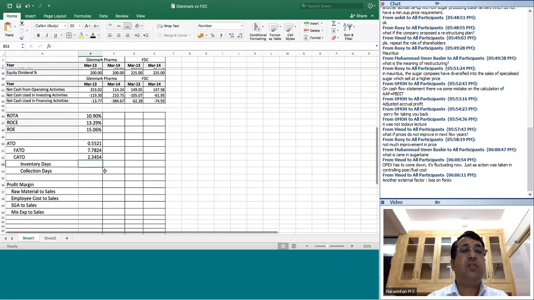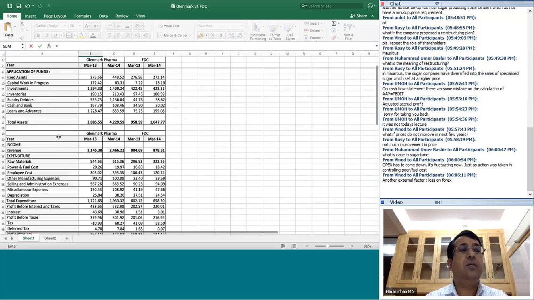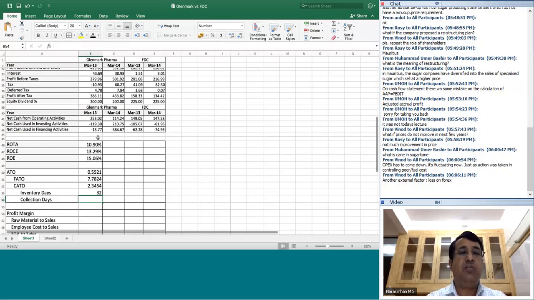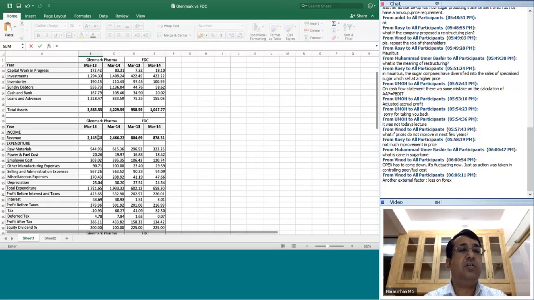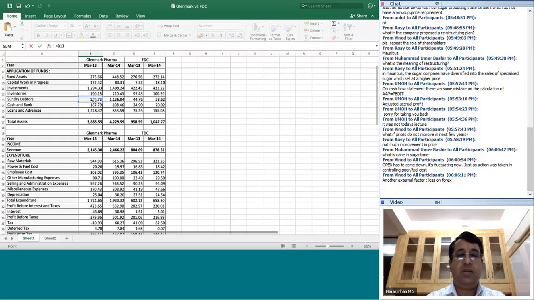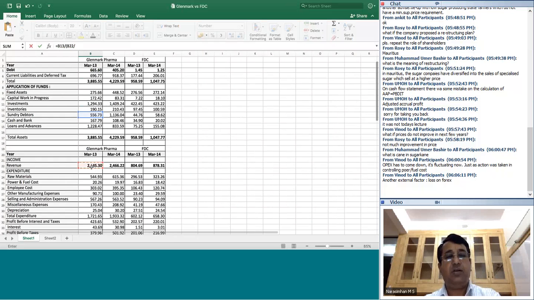Inventory days, inventory divided by average sales per day, sales by 365, 32 days of inventory. Collection days, sundry debtors divided by revenue by 365, average sales per day.